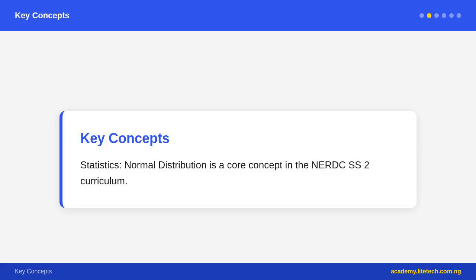Phi(2) is approximately 0.9772. Phi(3) is approximately 0.9987. Symmetry: phi(-z) = 1 - phi(z). The curve is symmetric, so area below -z equals area above z.